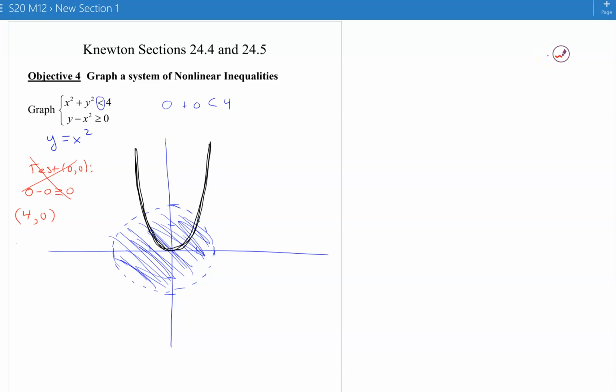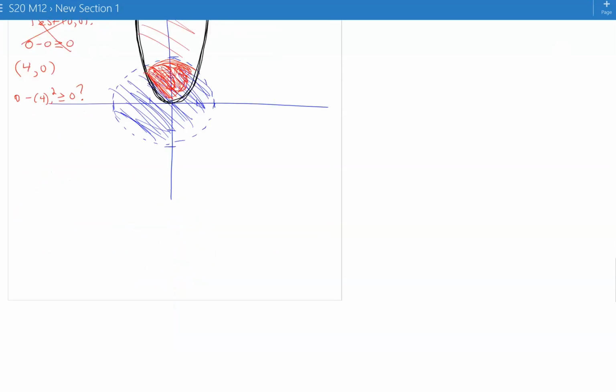So when x is 4 and y is 0, is this greater than or equal to 0? Definitely not. So I want the part inside the parabola, but I only want the part that's colored with the red and the blue, so the intersection of those two sets. And that's the solution set.